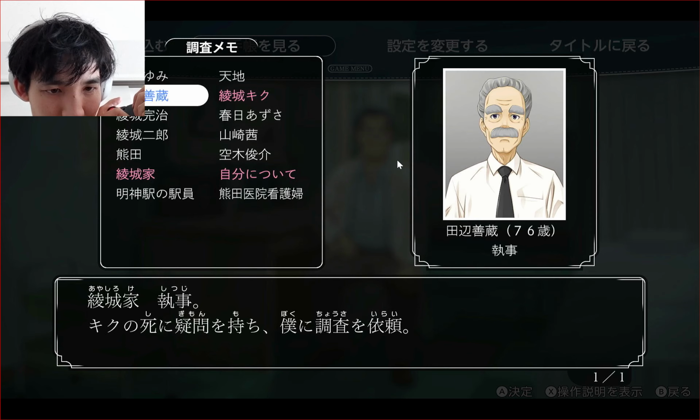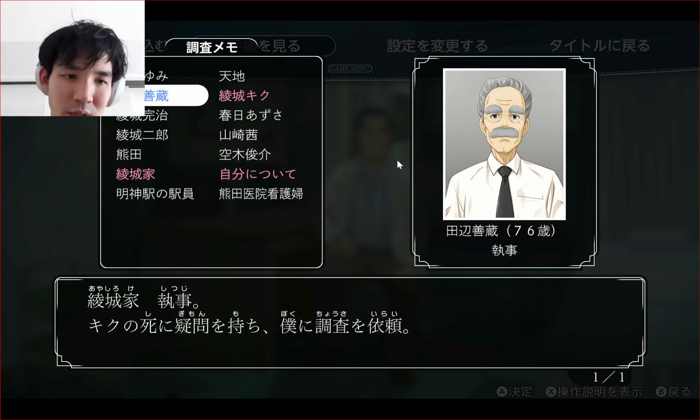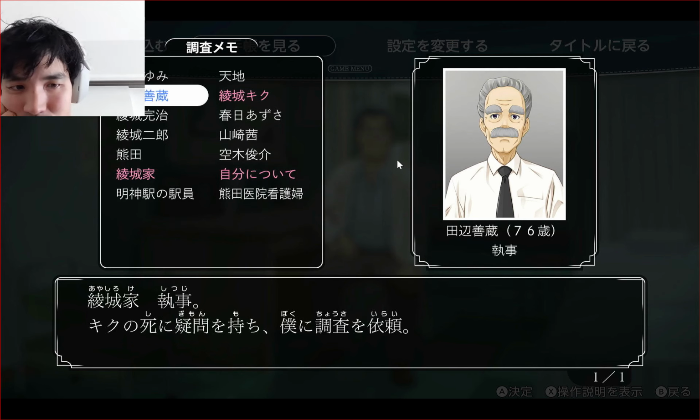Yatsushiro Shitsuji. Shitsuji is butler. Kiku no Shi. Kiku is the guy who died. No shi, his death, ni gimon. Gimon is like a request. Gimon o mochi. Kiku no shi ni gimon o mochi.